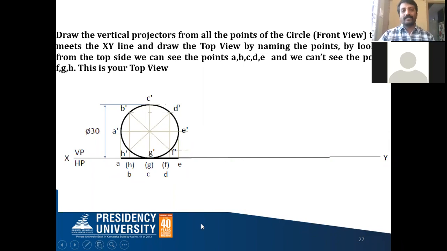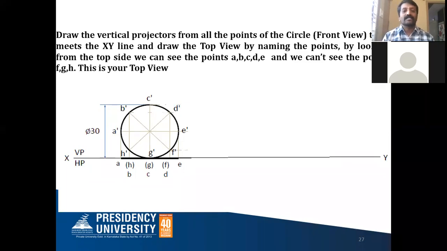Now the second position. He has not given any inclination here. Correct? He says the front view looks like an ellipse. So that means first you have to draw the ellipse, and then the inclination of the lamina we need to find out here.